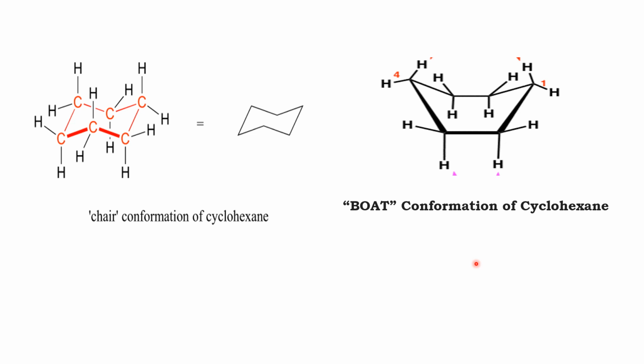Apart from these two, a large number of other conformations are there, but all of them result either from chair conformation ending in boat conformation, or from boat conformation to chair conformation.